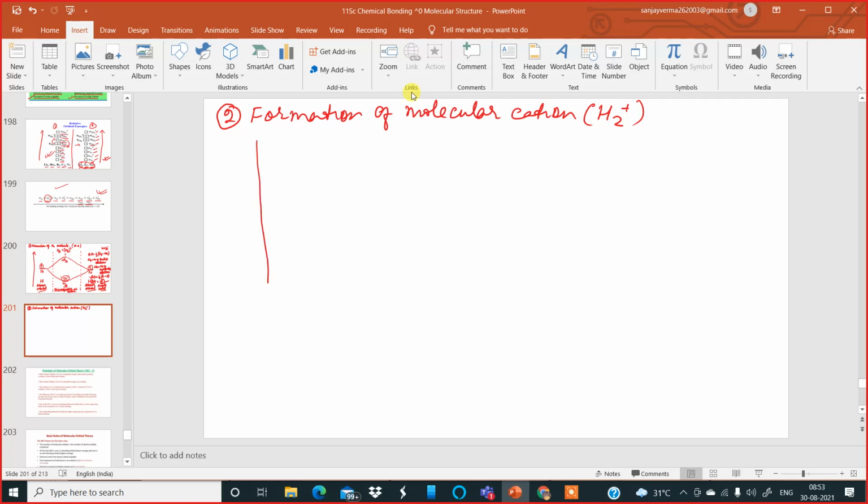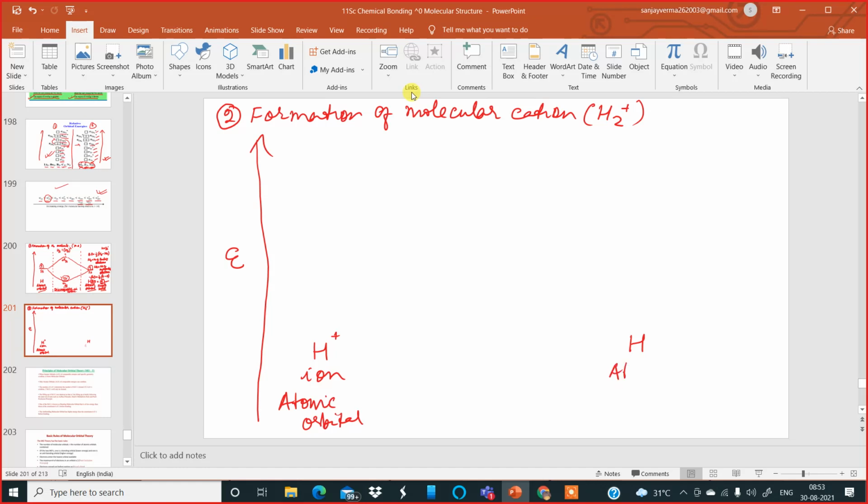So I'll draw an arrow like this, which shows increasing energy, and over here hydrogen H plus ion, because we need one positive charge. This is atomic orbital of hydrogen ion. This side I will take hydrogen atom.